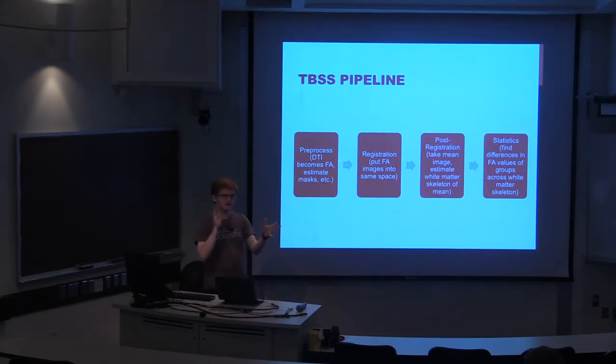And so you can't really do a whole lot of group comparison studies with unregistered images. So this deforms them so that if you take a certain coordinate of each image, you can be assured this is this particular area of the corpus callosum. It's right here, or if I take a voxel here, it's going to be the same area of the brainstem for all the patients. And so that's the second step.